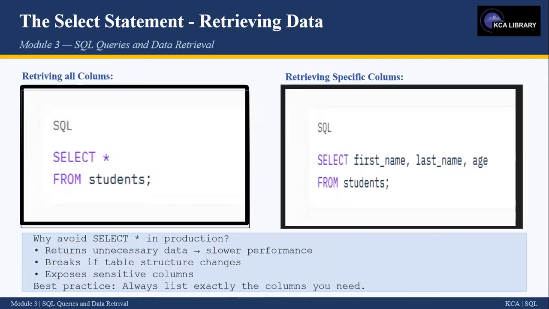The select statement. Let's start with the basics of the select statement. You can retrieve all columns using the asterisk. If you include the asterisk in a select statement, you retrieve all the data from the table.